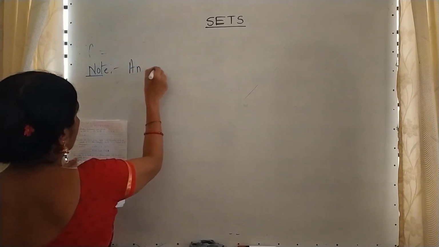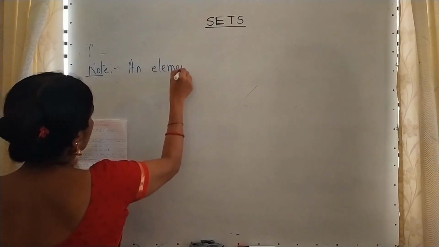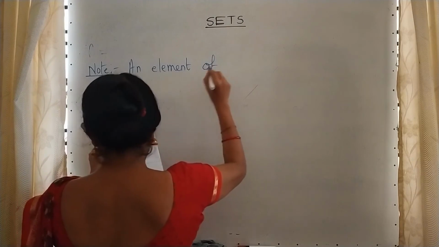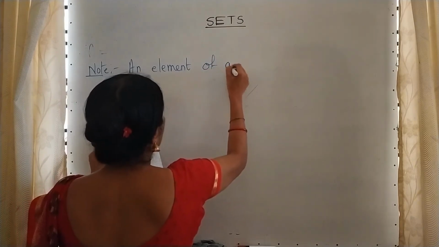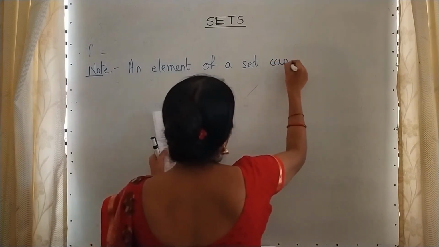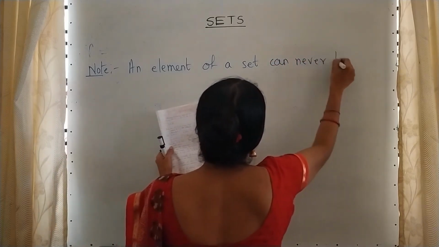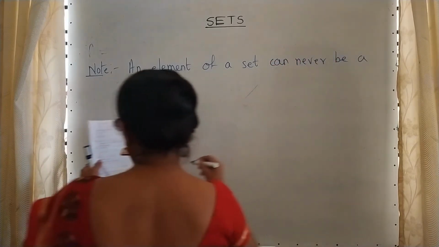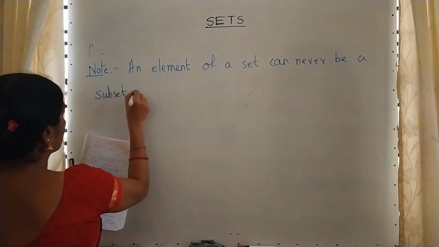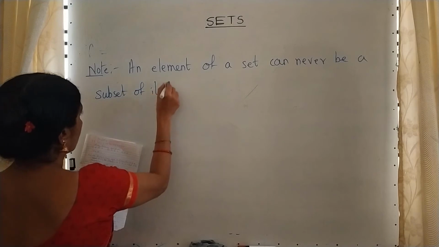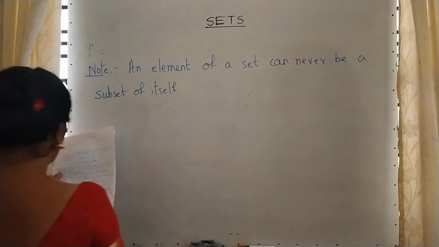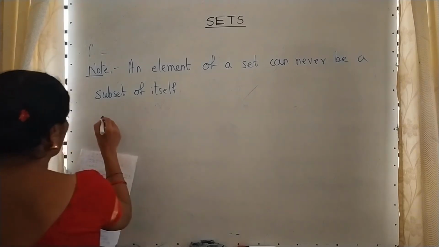An element of a set can never be a subset of itself.